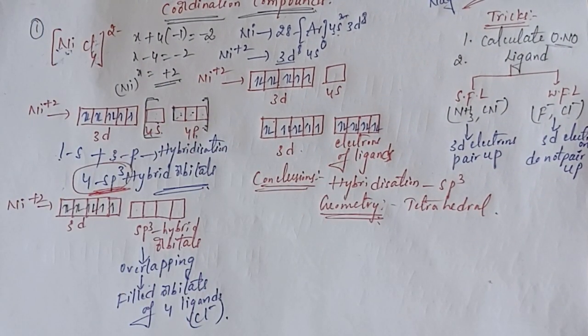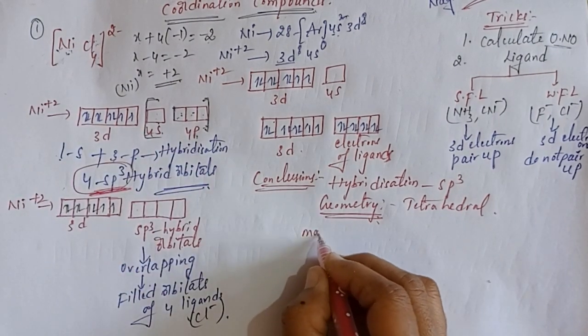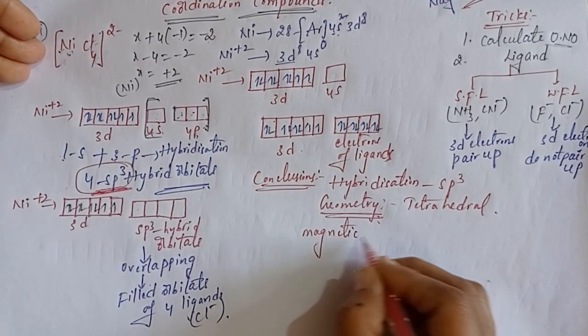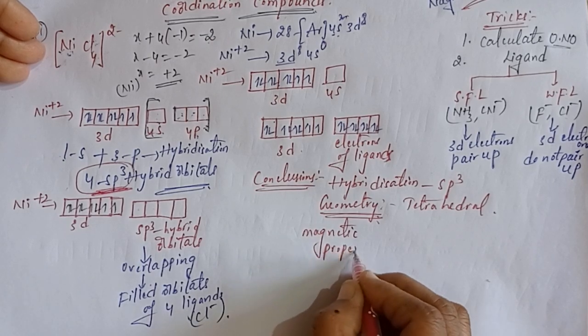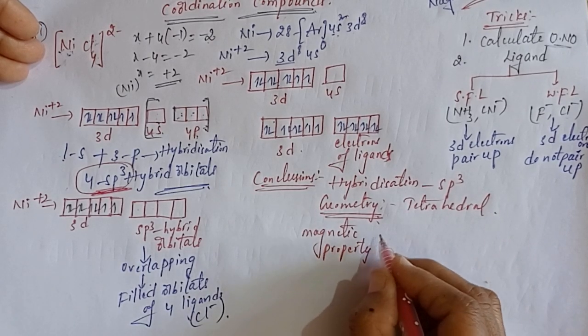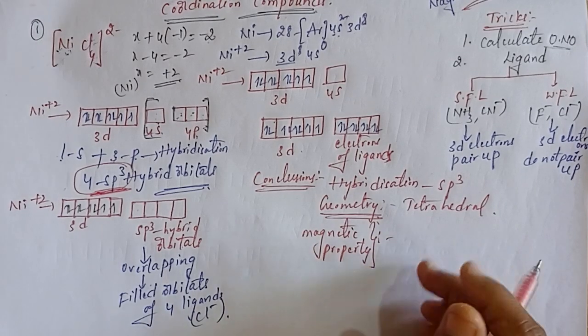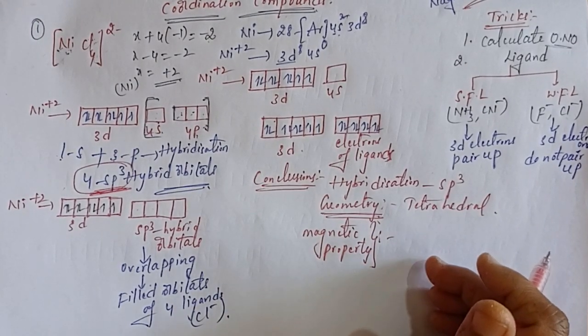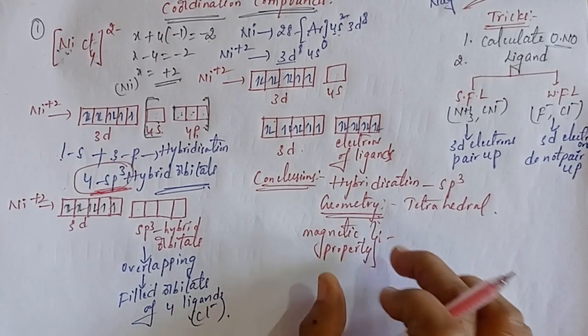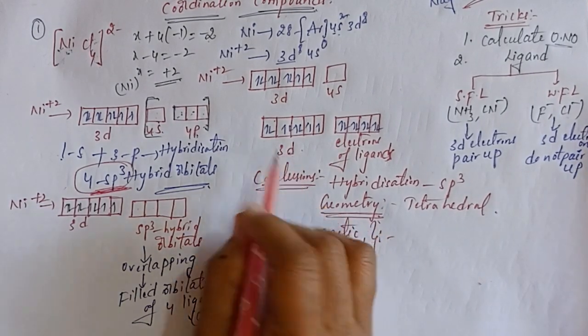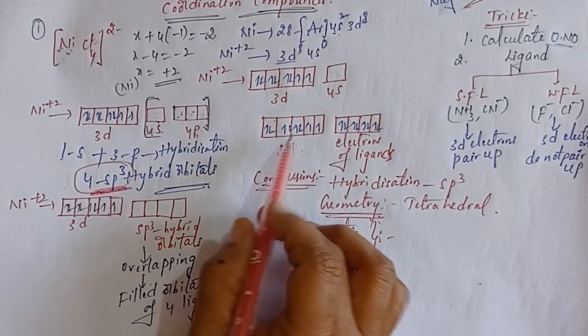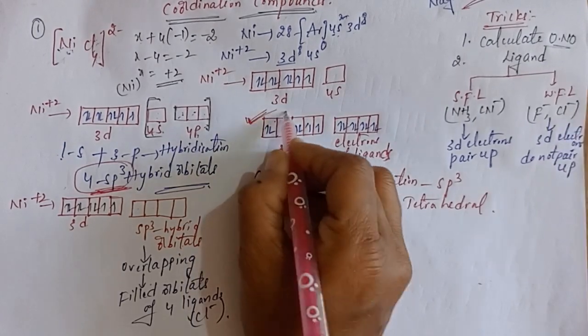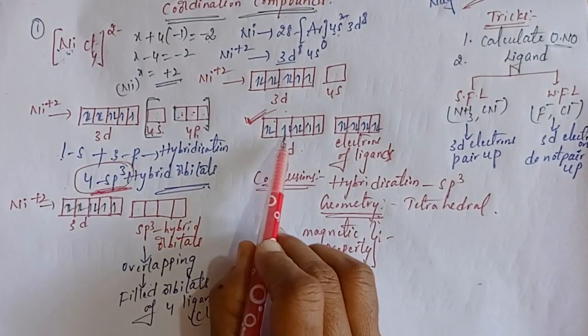And coming to the magnetic behavior, students, magnetic property. Tell me, Nana, magnetic property, is it diamagnetic or paramagnetic? When you are writing magnetic property, you have to see only 3d electrons, whether they are paired or unpaired. Only this 3d you have to see. See here, paired, paired, paired.